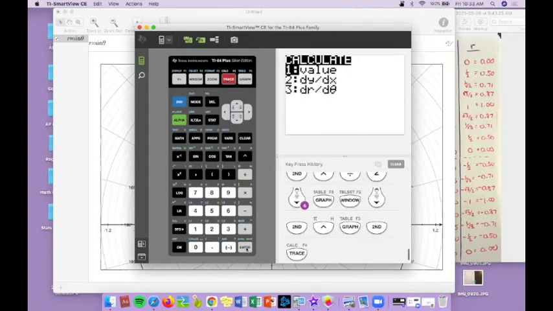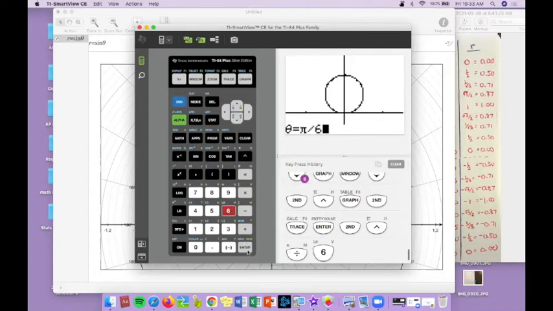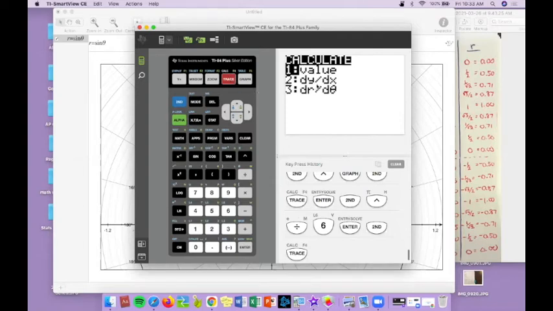So let's see the value at pi over 6. There's your ordered pair, and there's the position right there. If you want the slope at that particular point, I think you might have seen it. There it is, dy dx.